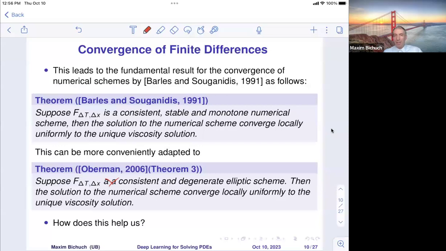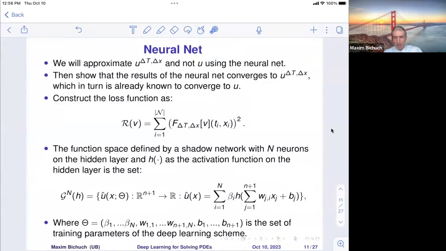With this introduction, the next question is, how does this all help us? This is so far more or less classical numerical analysis. How can we adapt this to our problem? Our main idea was, instead of directly trying to deep learn the viscosity solution U, we will use the neural nets to approximate the finite difference solution, and then hopefully show convergence to the discretization U^{delta t, delta x}.